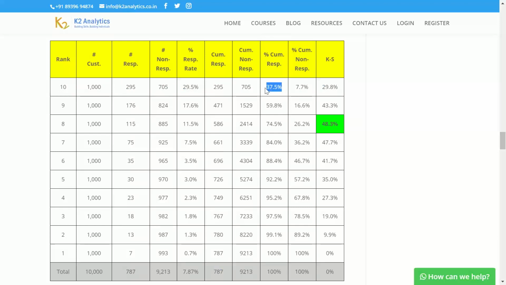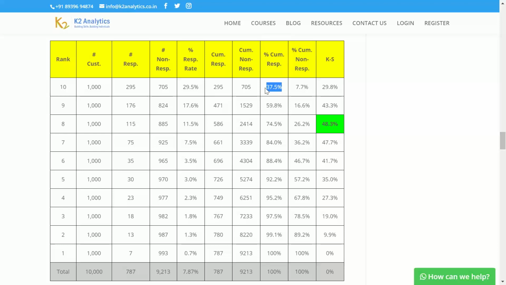So what this 37.5 is telling is, if you target only the top decile, you will be targeting only 10% of the available base. However, you will still be able to capture 37.5% of the potential responders.